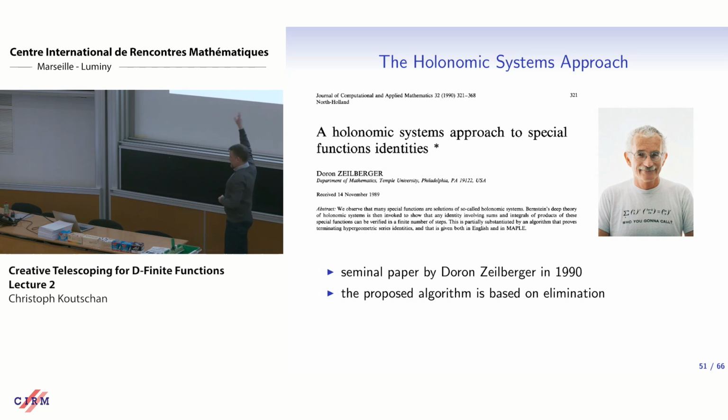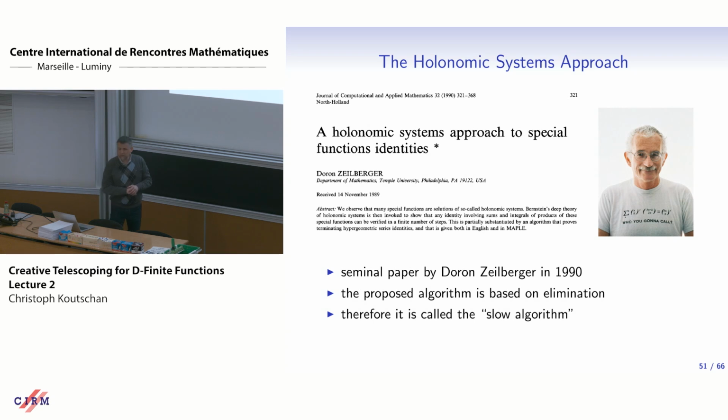So 2 slides before, on holonomic functions, I talked about elimination. And this is what was used in this paper. And well, as you know, elimination can be very costly. So that's why this algorithm was later called the slow algorithm, in contrast to the fast algorithm that we have seen on Tuesday.